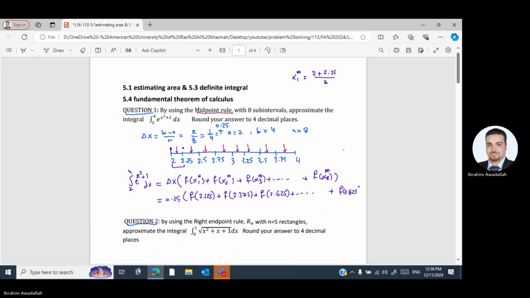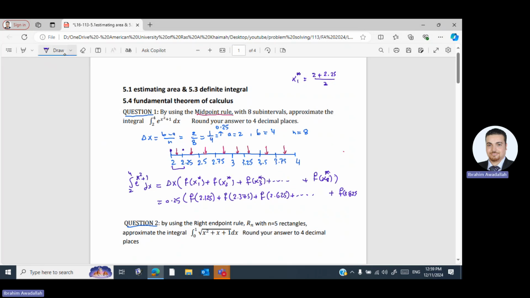Then you can find this amount, this f. By the way, from here, f of x, the function, is e to the power x squared plus 1. This is the function.